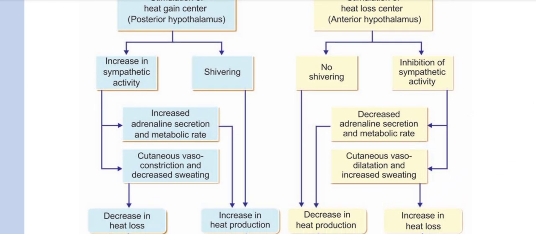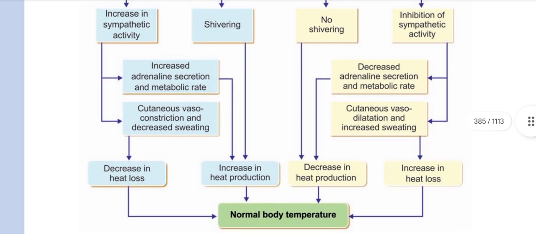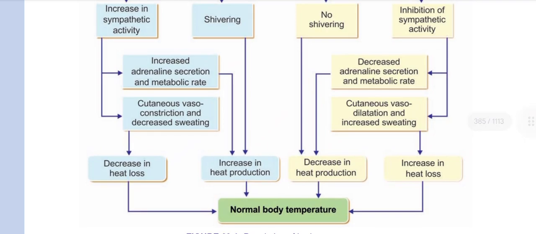Increased sympathetic activity will increase adrenaline secretion, metabolic rate and cutaneous vasoconstriction, and decrease sweating. Cutaneous vasoconstriction will decrease the heat loss, and the shivering, increased adrenal secretion and metabolic rate will increase the heat production, which will further help the body to get its normal body temperature back again.